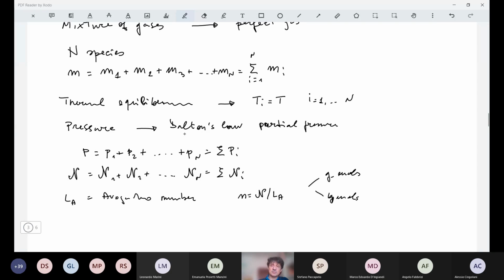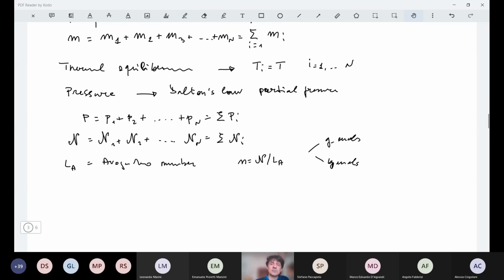It's shortened with kilomoles. This is not 1000 moles, but it's 1 kilogram mole that corresponds to the quantity of matter which has a mass corresponding to the molecular weight of the species we are considering. The mass in kilograms, mass in grams.